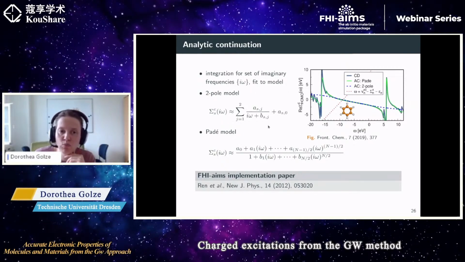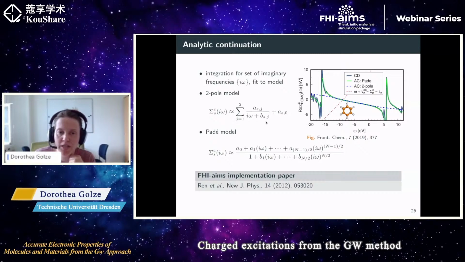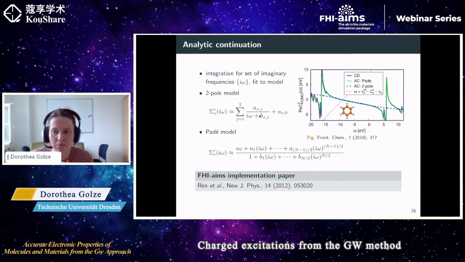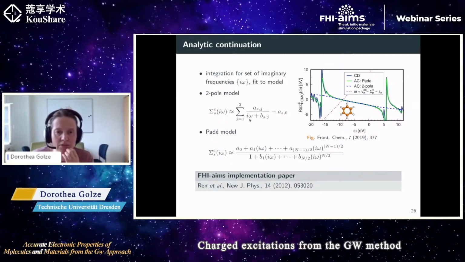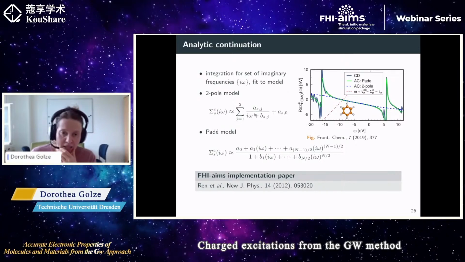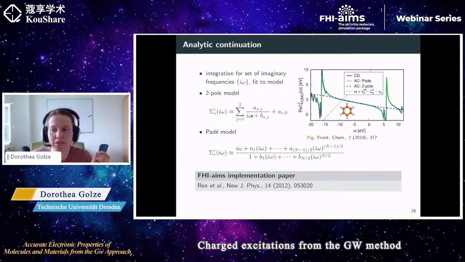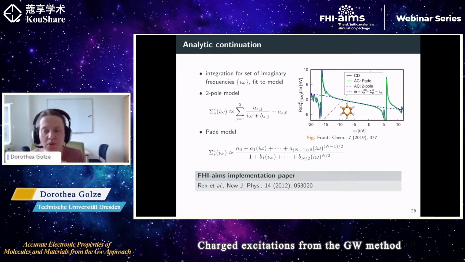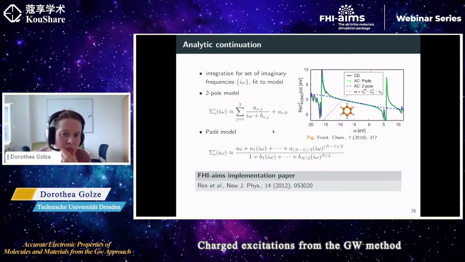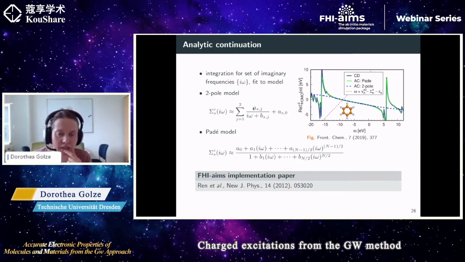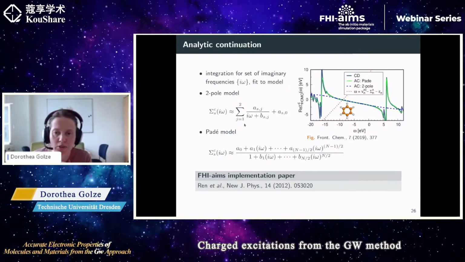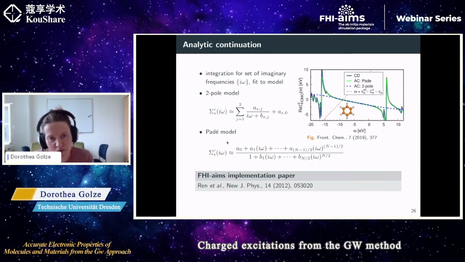For example, the two-pole model: we don't know these coefficients A and B, so we get them by fitting to these reference values. And then there's a theorem that says if you know the quantity on the imaginary axis, you also know it on the real one. So for real frequencies you use the same coefficients and just insert your real frequency.